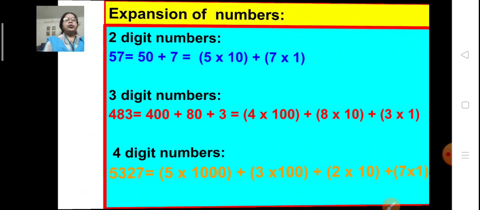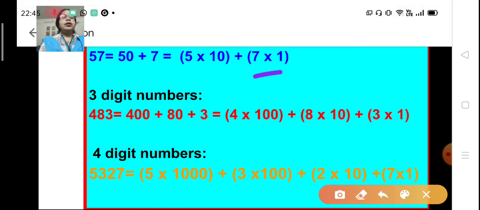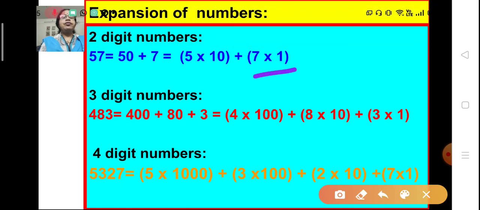So, how do we do that? If we have a 2-digit number like 57, what is the place value of 7? It is ones. 7 into 1 is 7. We can split 57 as 50 plus 7. So, the place value of 7 is 7 into 1, and the place value of 5 is tens, so 5 into 10.